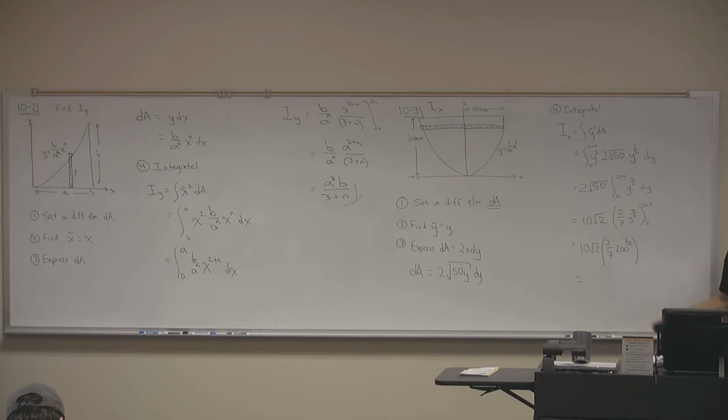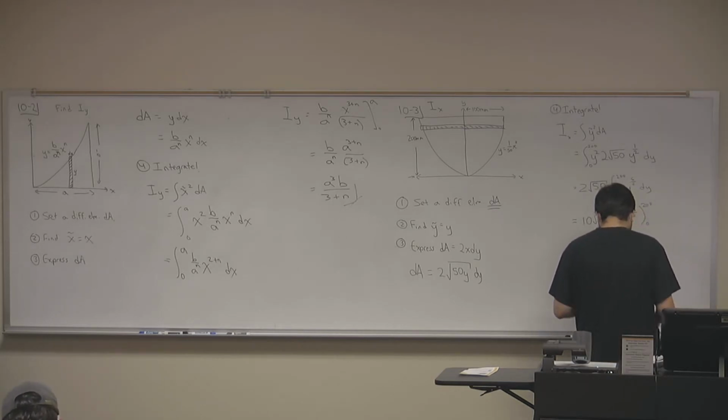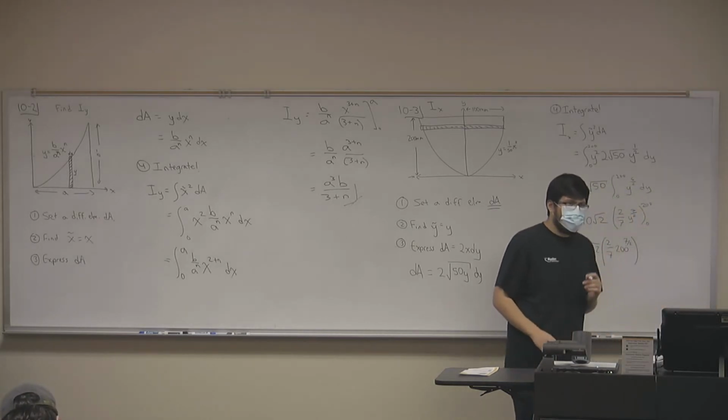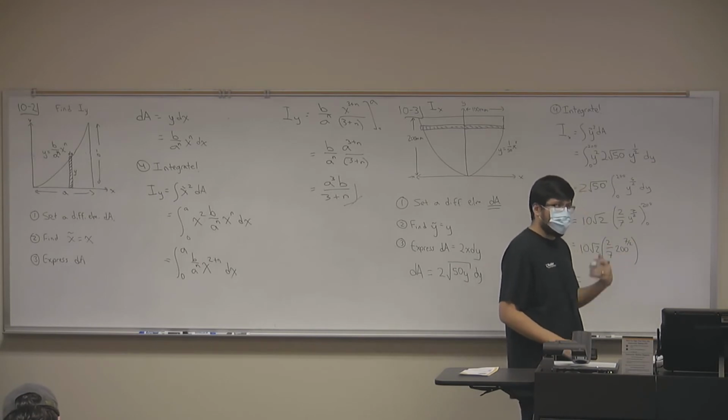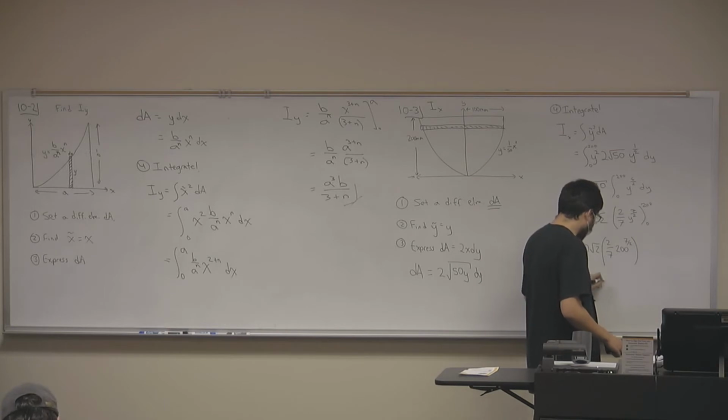Yeah. 4.57 times 10 to the 8. Let's use powers of 3 for our exponents. So 10 to the 3, 10 to the 6, 10 to the 9. 457 times 10 to the 6. Okay. Units? Millimeters.